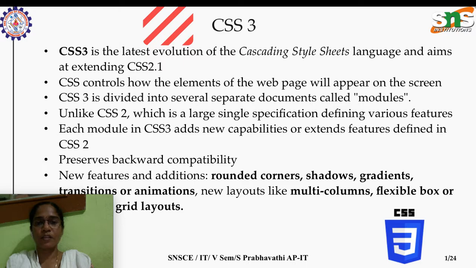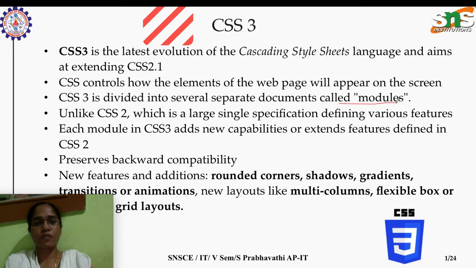So when we talk about CSS3, all the specifications, all the features in CSS3 are divided into modules. Rather than in CSS2 where all the features are specified in a single specification, in CSS3 the features are separated into modules.